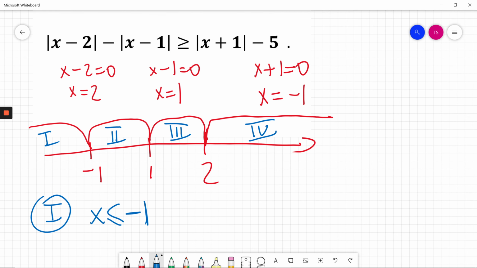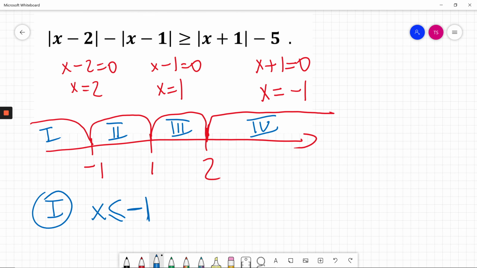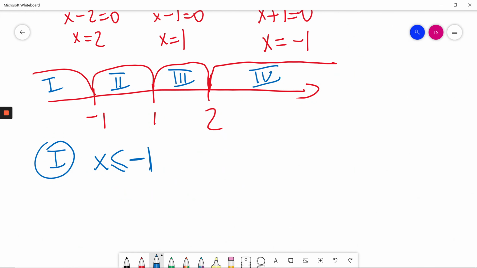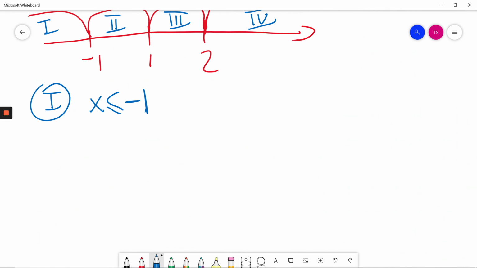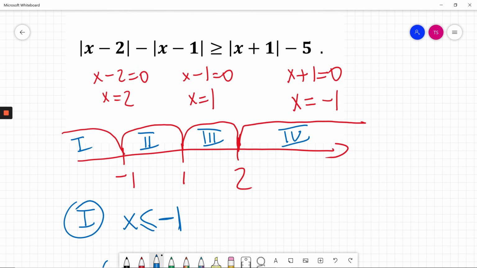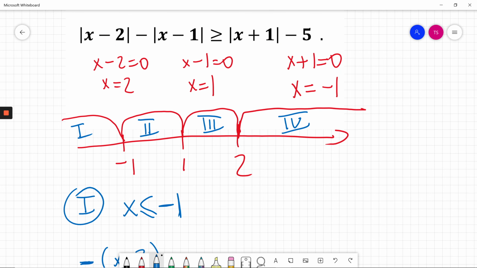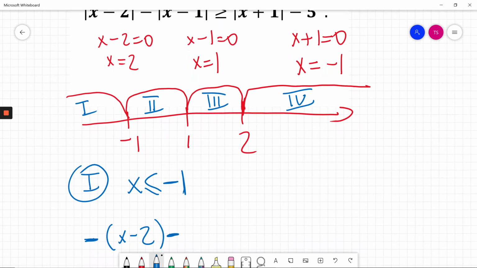the absolute value of x minus 2, so x is less than negative 1, could be minus 2, this thing will be negative. That's why I need to do minus A. So this will be negative x minus 2, minus my second absolute value, the absolute value of x minus 1. When x is less than negative 1, this is still negative.